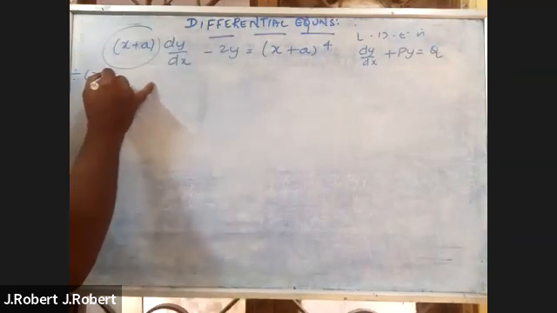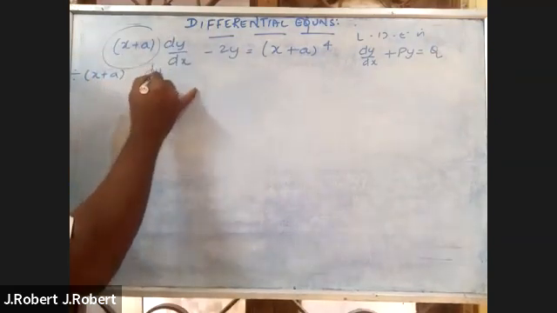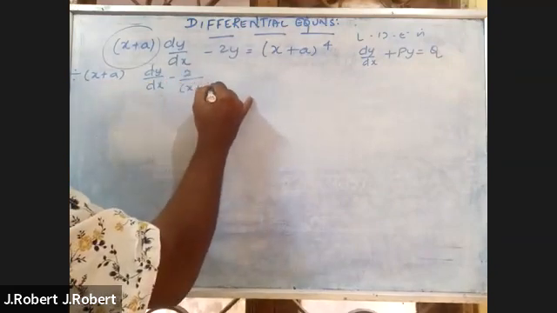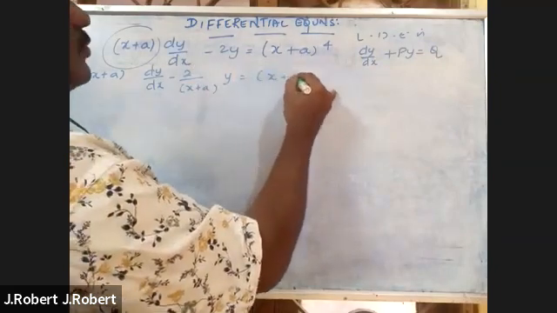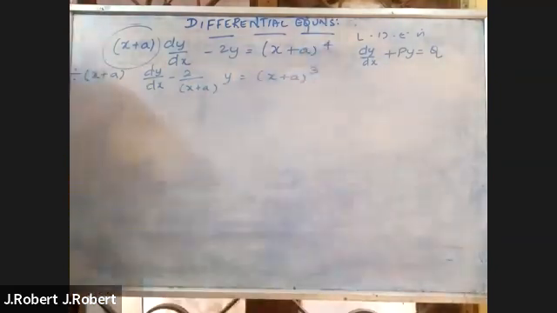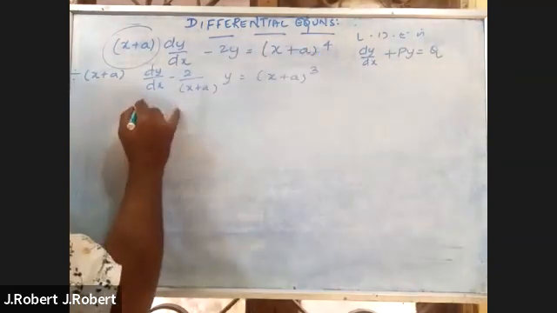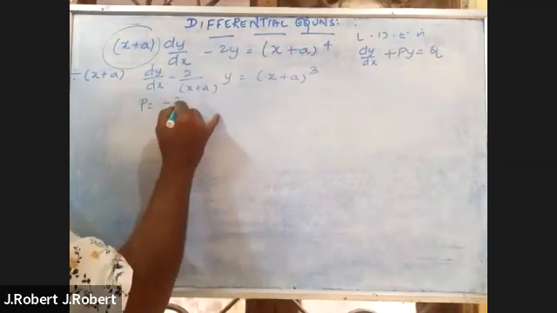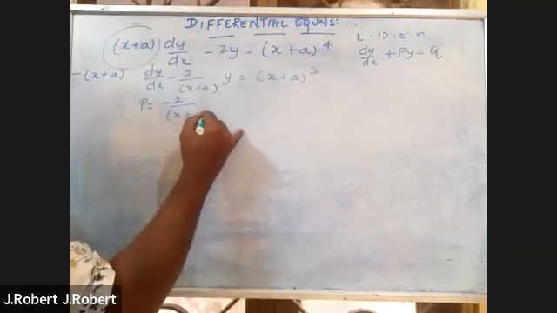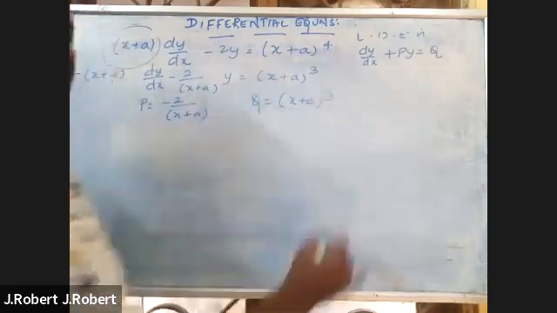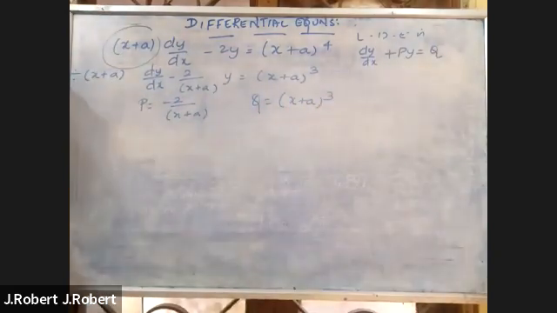So I am dividing by x plus a, we get dy by dx minus 2 divided by (x plus a) into y is equal to (x plus a) whole power 3, because throughout we divide by x plus a. Now I can compare this with the standard form. P is equal to minus 2 divided by x plus a and Q is equal to (x plus a) whole cube.